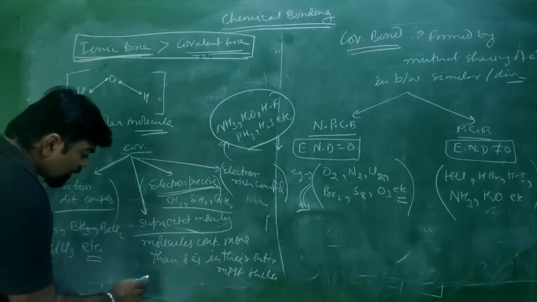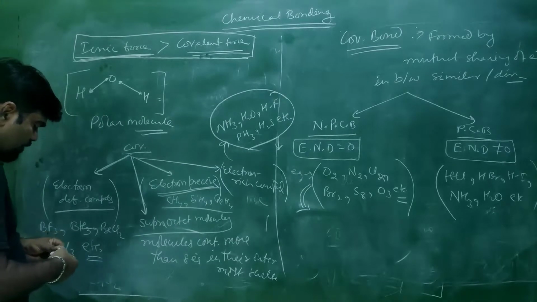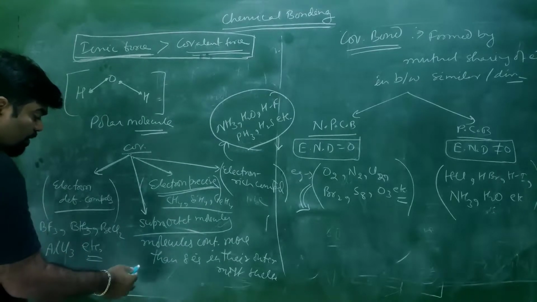Supraoctet molecules have more than 8 electrons in their outermost shell.